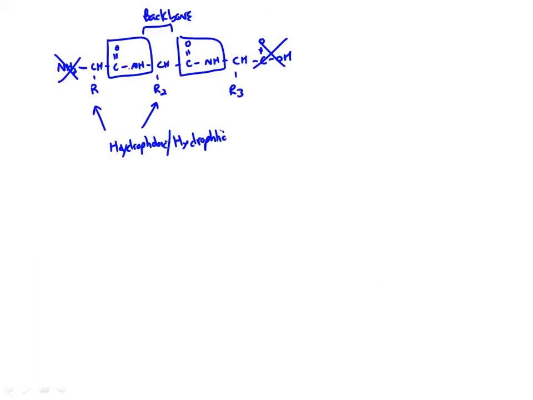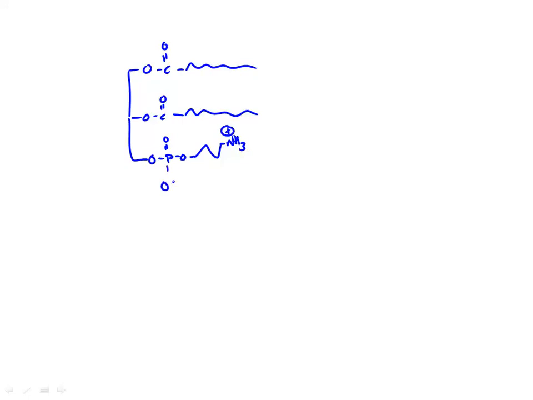I mean, if we go and draw a triacylglycerol or, you know, something, or here, we'll make a phospholipid. So there's an O, P, O, NH3 plus, O minus.